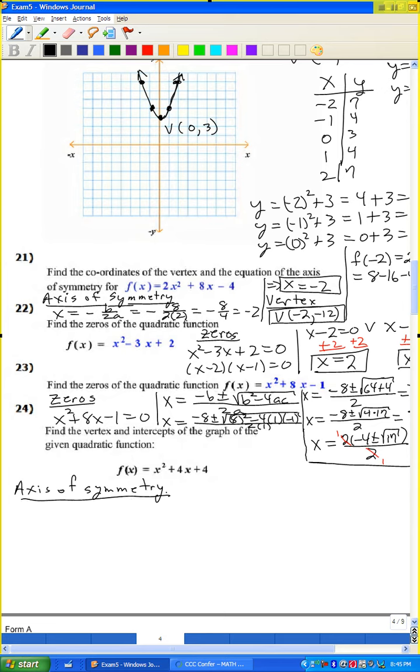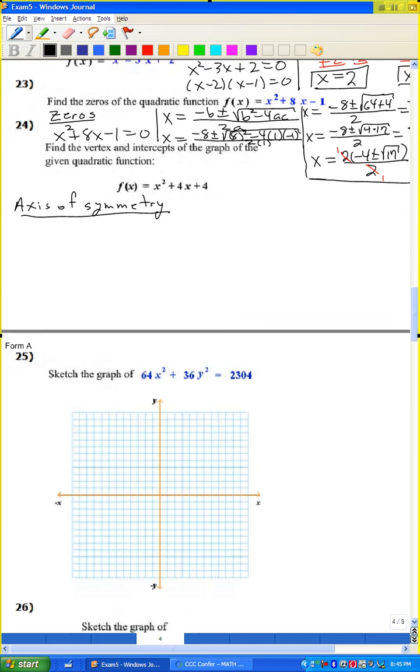And so I have here that x is equal to negative b over 2a. So negative 2. So the axis of symmetry is x equals negative 2.